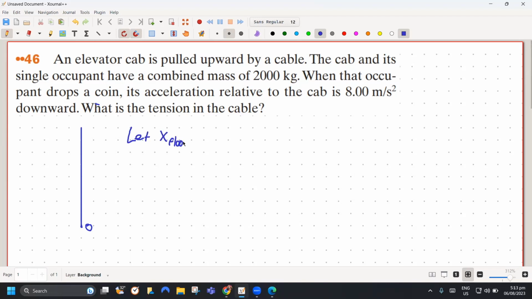So X-cab be the position of the floor of the cab, with respect to O.